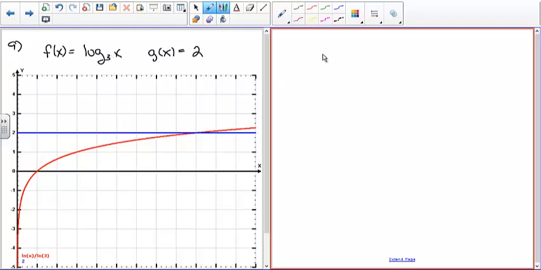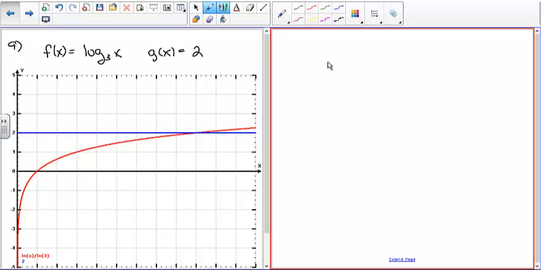So we wouldn't do e to the log base 3 of x. That wouldn't work because this base is different than that base. What we do here is we use the properties of logarithms to solve the other problems, whereas here we're not using the properties of exponents or anything like that.